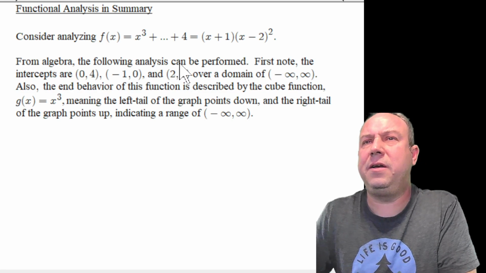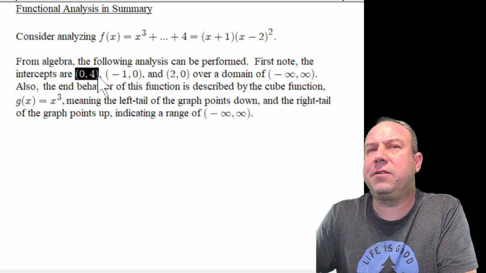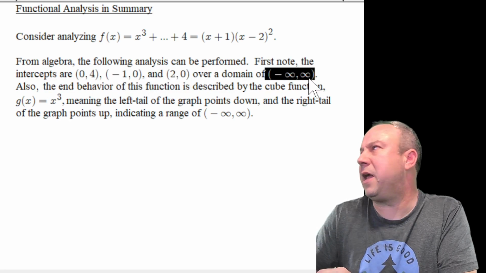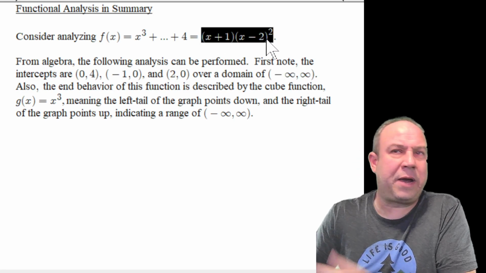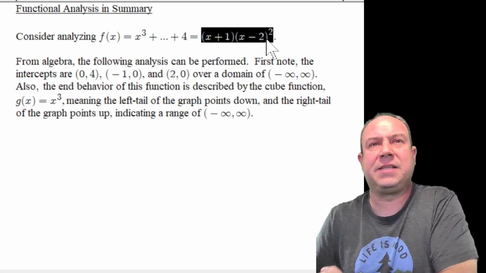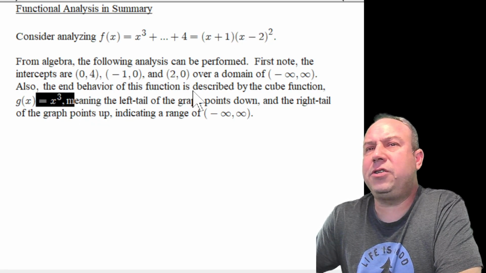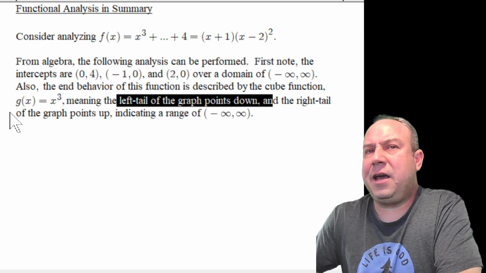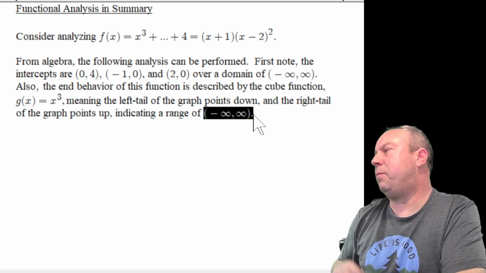From algebra, the following analysis can be formed. The first thing we note is the intercepts are (0, 4), (-1, 0), and (2, 0) over a domain from negative to positive infinity. The other thing we could have noted was our domain is everywhere from negative to positive infinity. It has end behavior described by the cube function, which means the left tail points down and the right tail points up, indicating a range from negative to positive infinity.